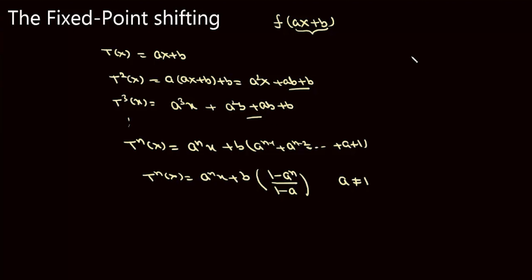Against this, consider the map T(x) = ax. Here x simply scales to ax, then to a²x, and it keeps scaling up to aⁿx.